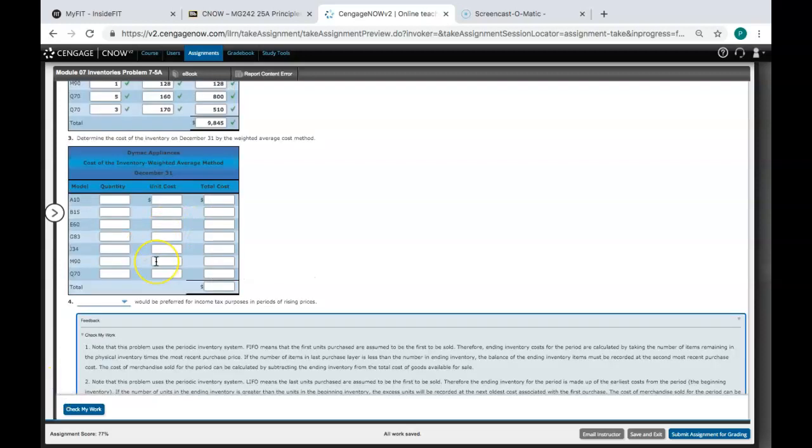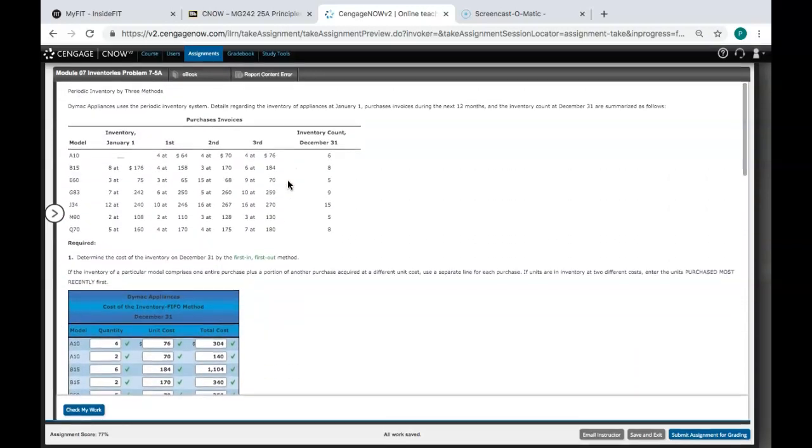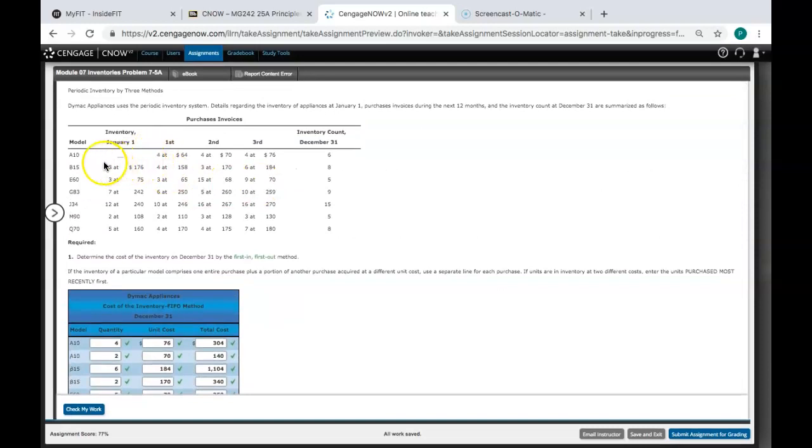Okay, the last one we're going to do, it's my favorite one, the easiest one ever, is the weighted average method. For the weighted average method, all we are doing is taking each of the values here and multiplying them together, and then dividing by the number of units purchased.